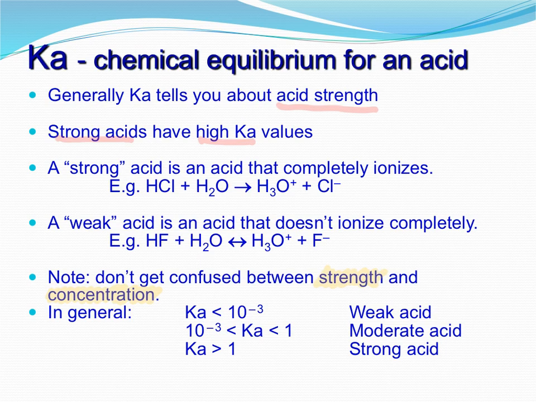If there's complete ionization, a strong acid is going to have a Ka value that's bigger than 1. A weak acid is going to have a Ka value less than 10 to the negative 3. And a moderate acid is going to have a Ka value between 10 to the negative 3 and 1. So that says how we can look at the Ka value of an acid and determine its strength.